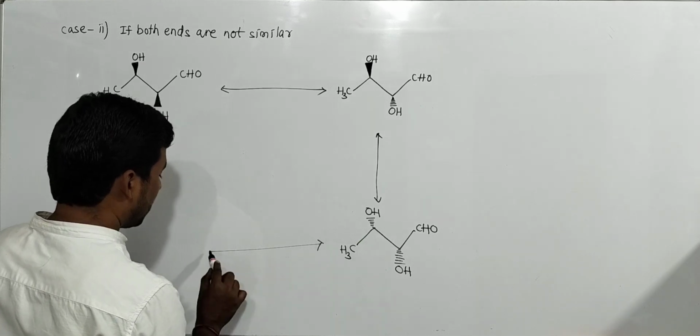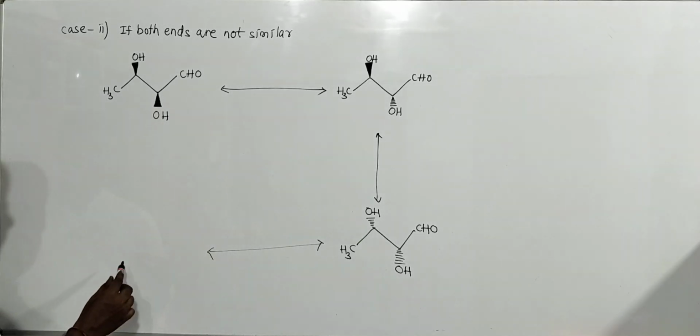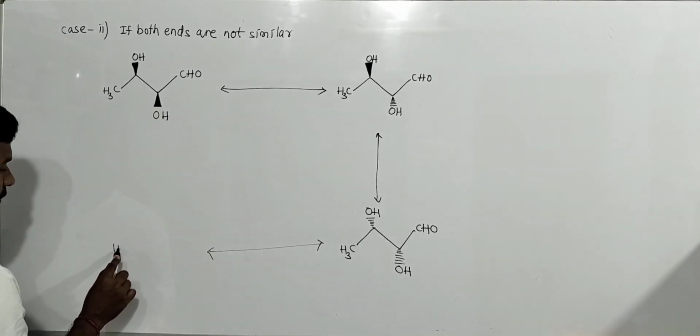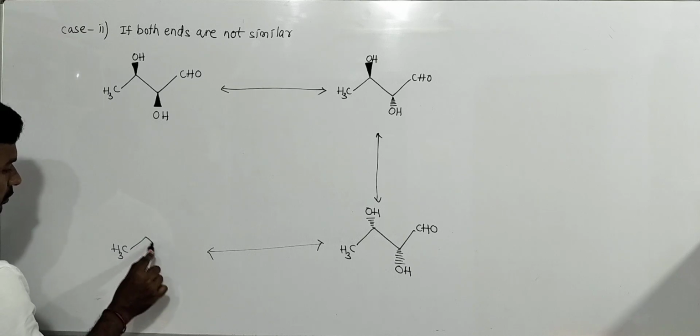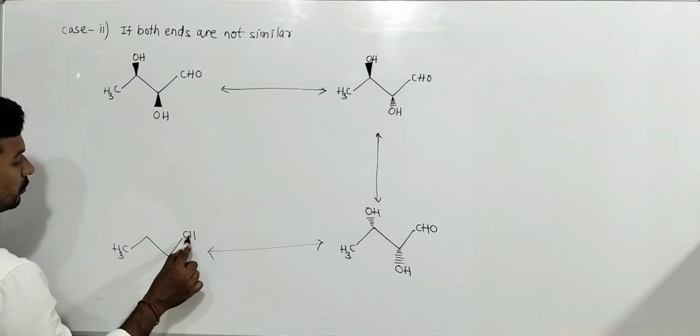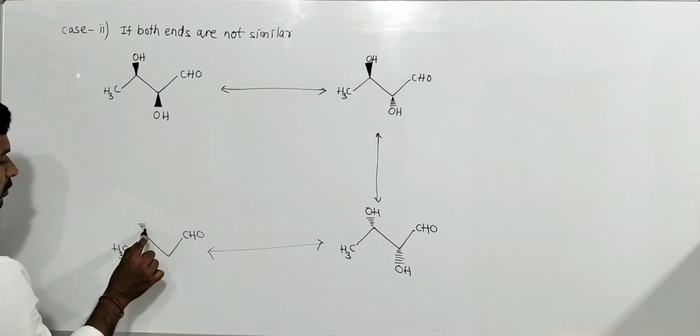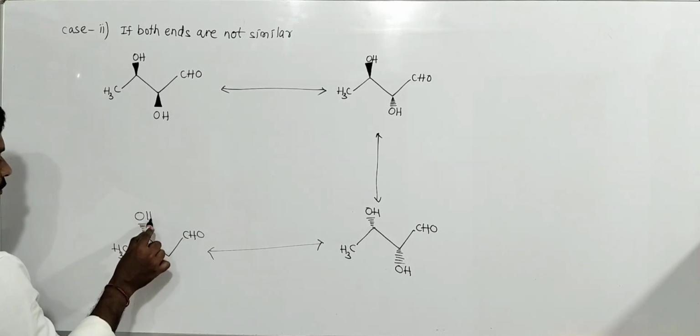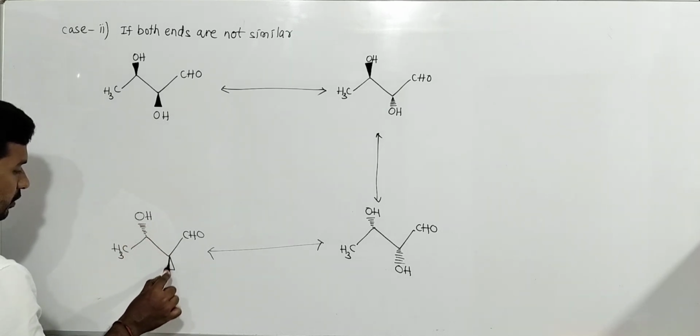Dotted line means below the plane, thick line means above the plane. Next one, CH3, CHO, here this is on dotted line and this is on thick line.